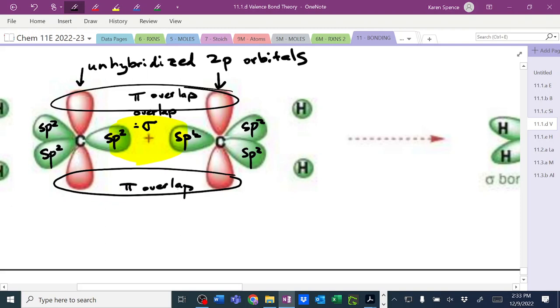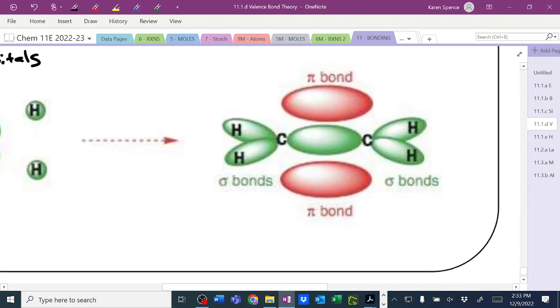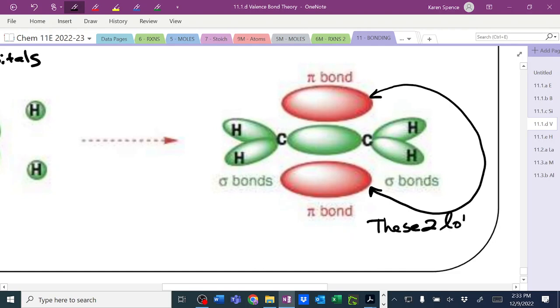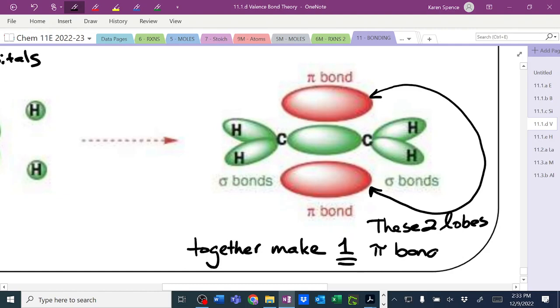Now remember, these two lobes together only make one pi bond, right? So we have a sigma bond, and we have a pi bond. Yes?